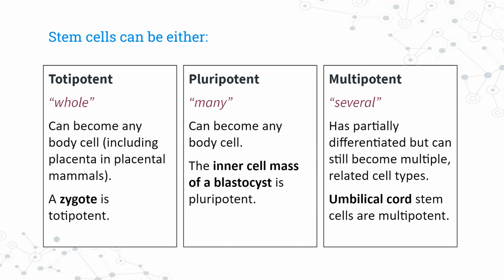Right when sperm and egg come together, pretty much right after that, you get a zygote. The next one, pluripotent, comes from something called the inner cell mass of a blastocyst. So in the next picture, you'll see a blastocyst. A zygote, after it divides multiple times, becomes a blastocyst. Okay. Then, way further down the line, multipotent can come from umbilical cord stem cells.